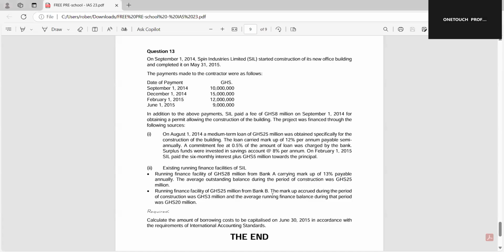So I don't know whether in calculating the WACC, we will limit ourselves also to the period of construction. You mean for the 3 million? Yes. The running facilities, let me read. Whilst you were reading, I was sending the link to them. So let me read to see if indeed what we've done is correct. The markup accrued during the period of construction was 3 million. No, you relax.